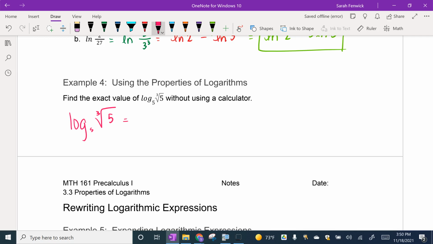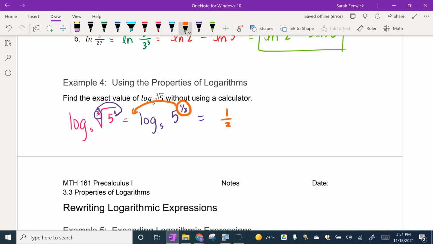Well, we learned once upon a time that radicals are really just exponents written a different way. So this is the same as log base 5 of 5 to the 1/3 power. The power stays up, the root goes down. The root's underneath it. Thank you to Nora Poling for saying that so many times in class that I would remember it. Then my power can go around to the front.